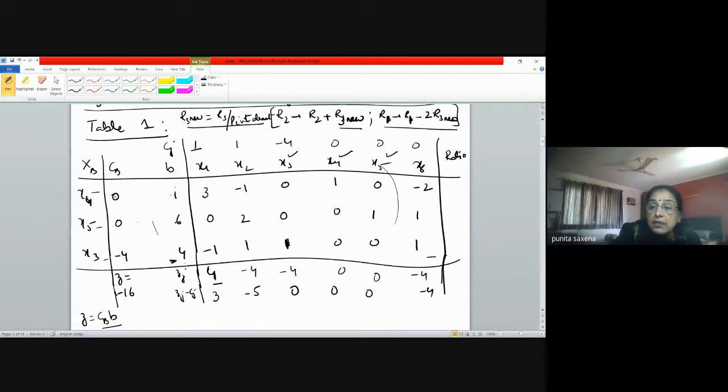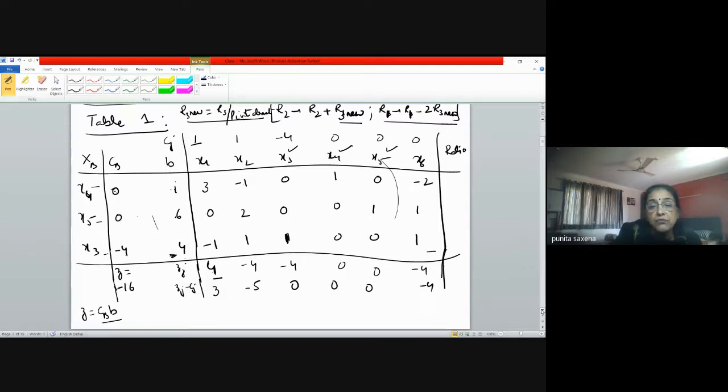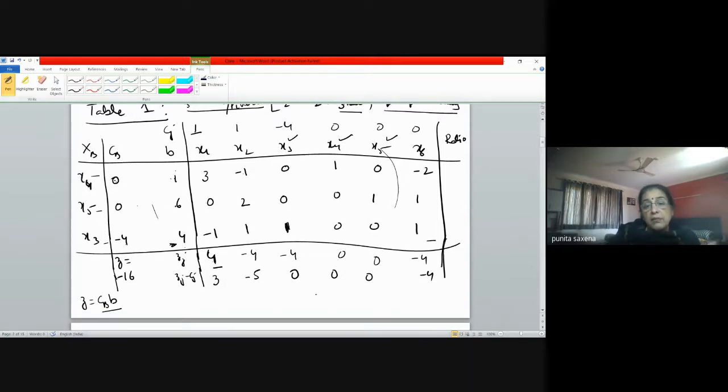Now again see, Zj minus Cj for basic variables are all 0. So it is only the non-basic variables that we have to see. Now again, Zj minus Cj is less than 0 for this, it's less than 0 for this, but this is positive. Okay, so what happens? This variable enters the basis.